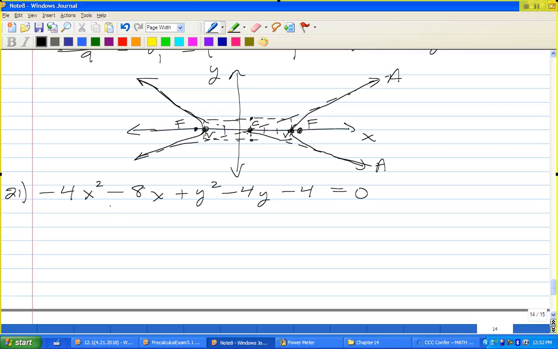Group the x's together. Let's factor out a negative 4, x squared plus 2x. Group the y's together, y squared minus 4y. Bring the 4 to the other side of my equation, and let's complete the square.